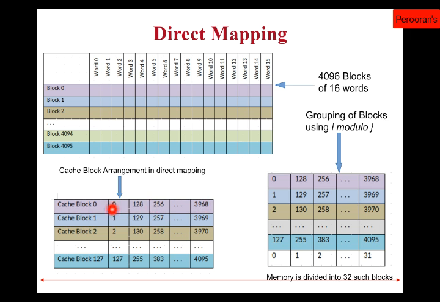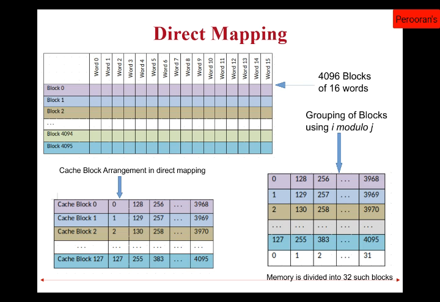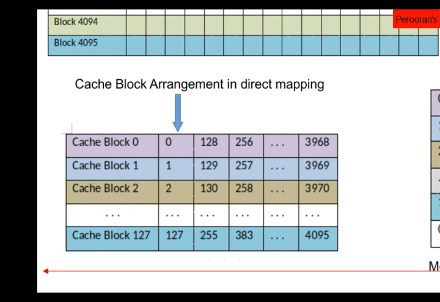So what will happen? See, in this cache memory, here you can accommodate only one block. Similarly, here also you can accommodate only one block. But into block 0 of the cache memory, how many main memory blocks are mapped? We are mapping main memory block 0, main memory block 128, main memory block 256, like that.